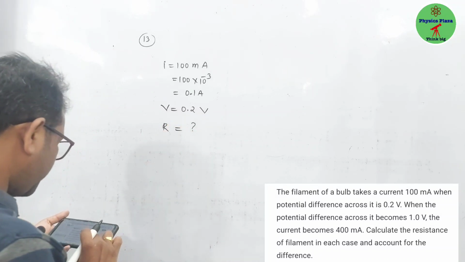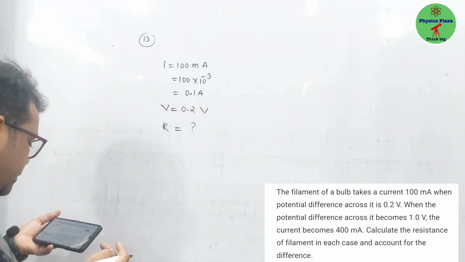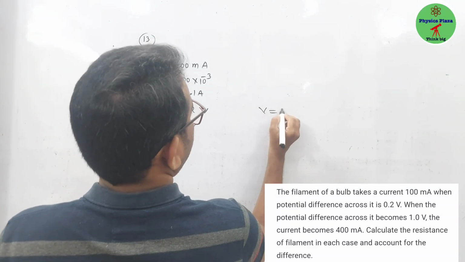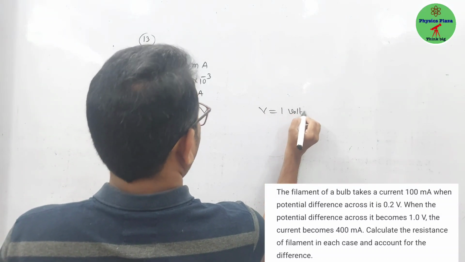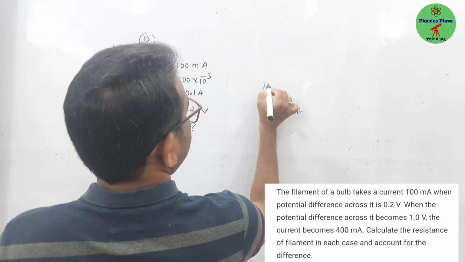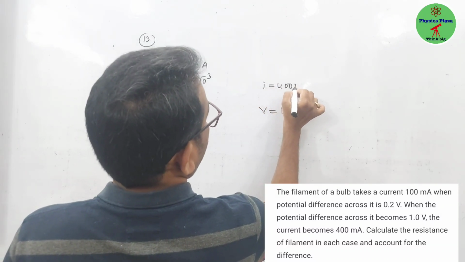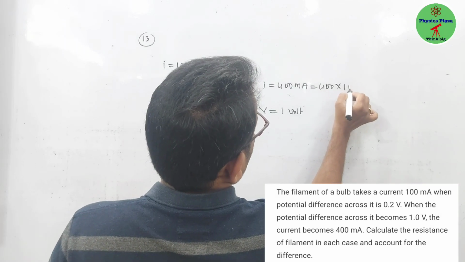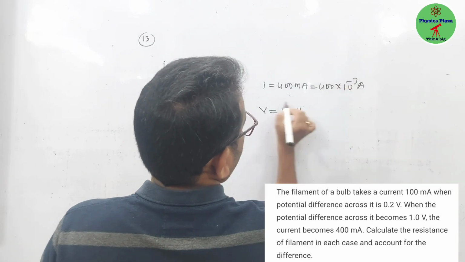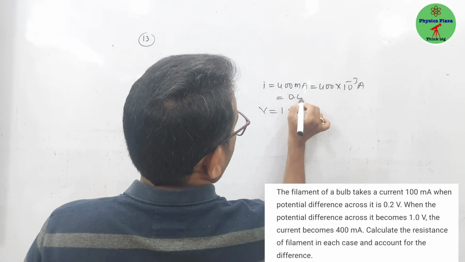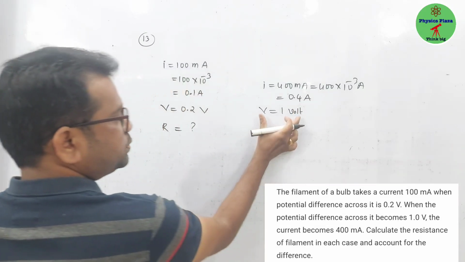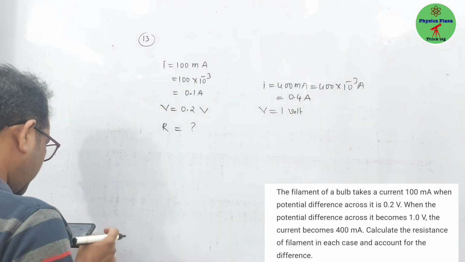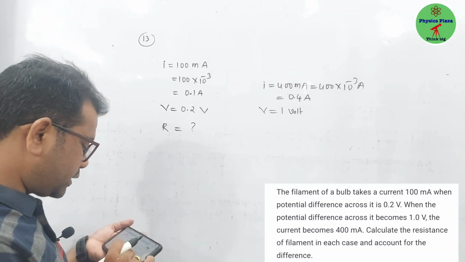That is case 1. When the potential difference across it becomes 1 volt, how much current is drawn? They are saying 400 milliampere, that is 400 into 10 power minus 3 ampere, which means 0.4 ampere current is drawn for this much voltage. Now calculate the resistance of the filament in each case and account for the difference.